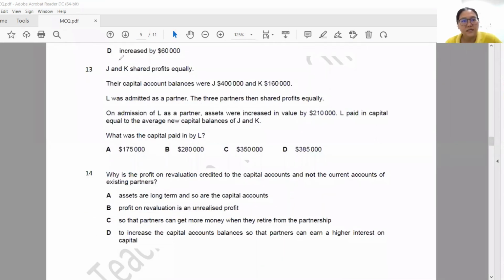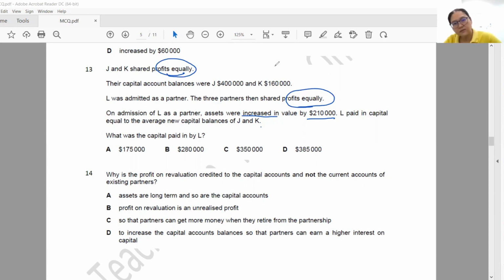Question 13. J and K share profit equally. Their capital account balances were J 400,000 and K 160,000. L was admitted as a partner. The 3 partners share equally. On admission of L as a partner, assets will increase on revaluation by 210,000. L pays a capital equal to the average new capital balance of J and K. What was the amount paid by L?